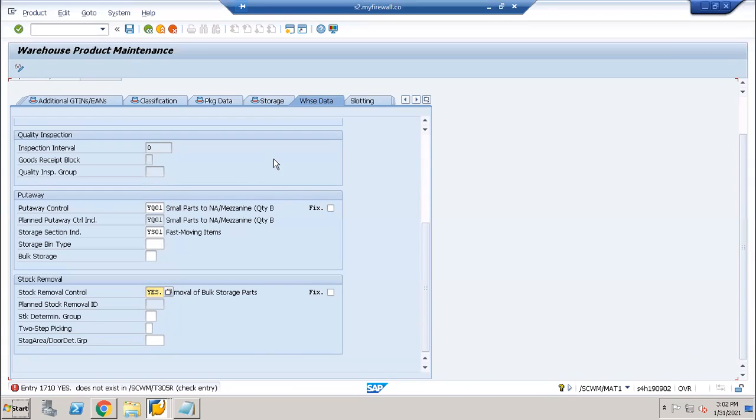Basically in EWM, we are categorizing the specific stock removal strategy based on customer needs. If we are supplying this product for a particular customer, we can do it. If we are supplying this product for particular customers based on the storage type, we can do it. Based on strategies like LIFO, FIFO, or based on pallet, partial pallet, full pallet, we can do it.